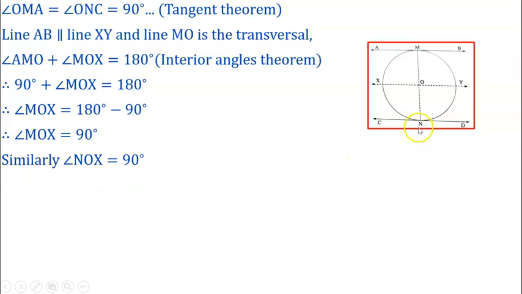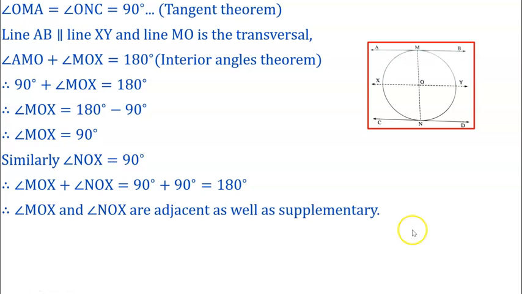Similarly, NOX is equal to 90 degrees. And hence the measure of angle MOX plus NOX is equal to 90 degrees plus 90 degrees, that is equal to 180 degrees. Angle MOX and angle NOX are adjacent as well as supplementary.